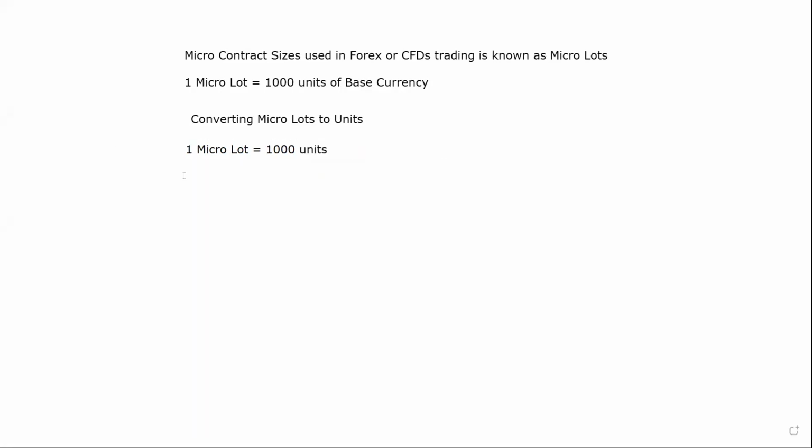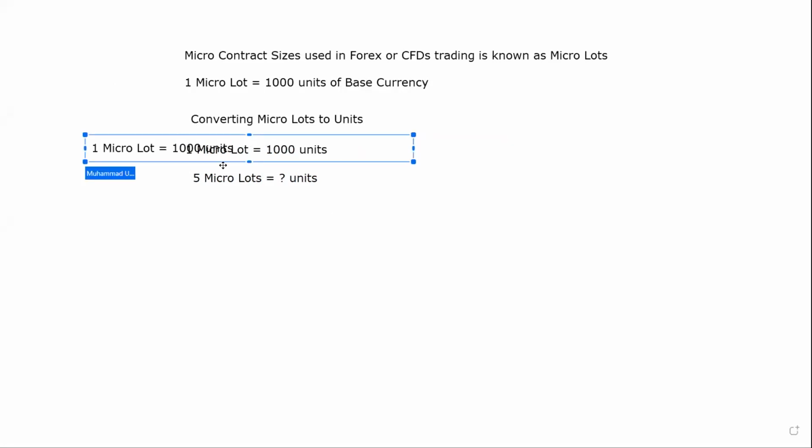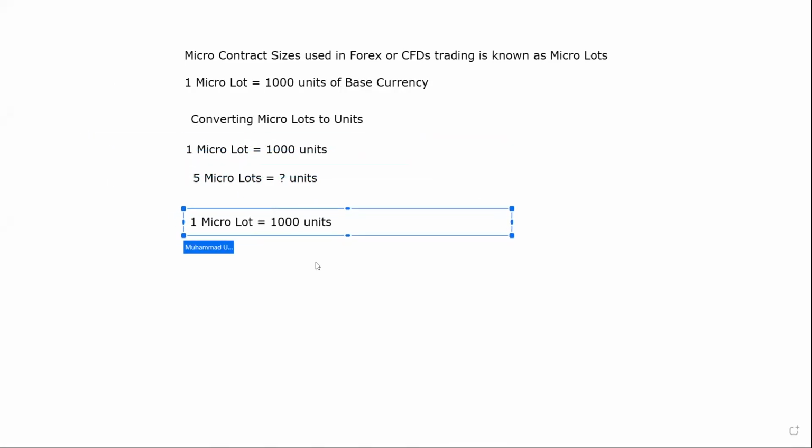And we have to figure out how much is 5 micro lots. It's very simple. We're going to apply the direct proportion rule here and figure out our answer. So let's suppose, okay, one micro lot is equal to 100,000 units. Oh, sorry, 1,000 units.